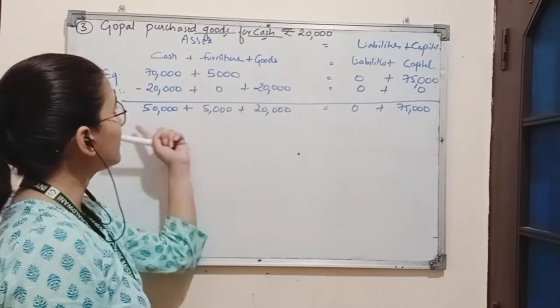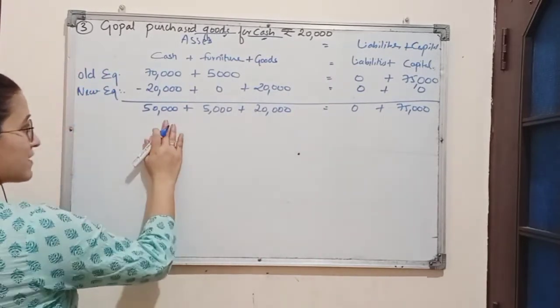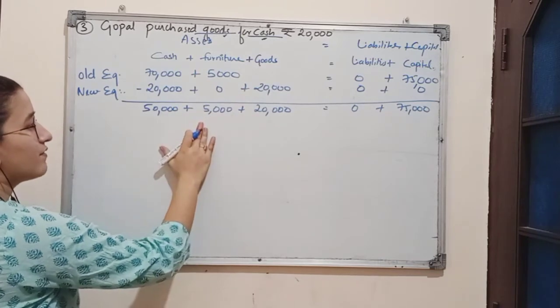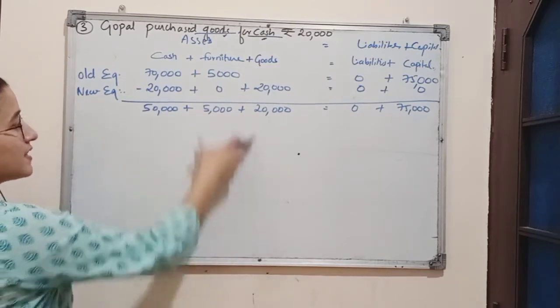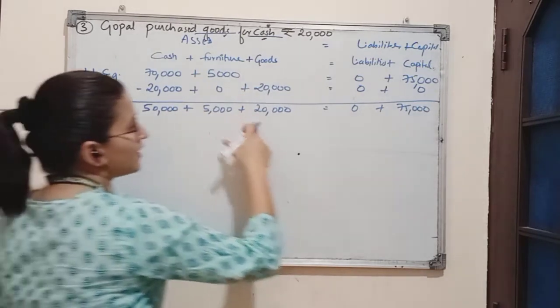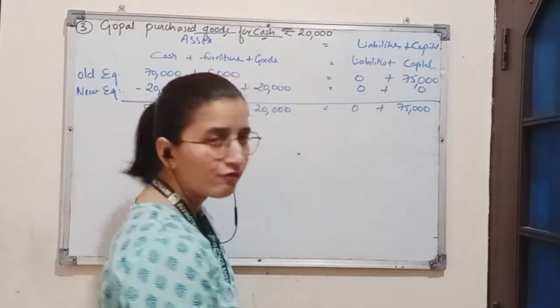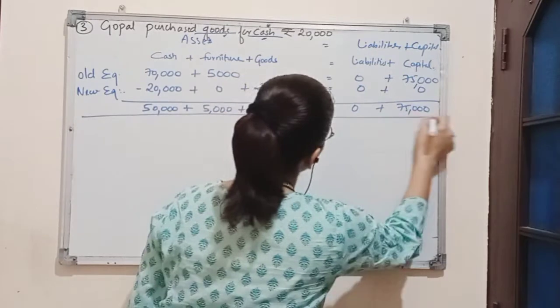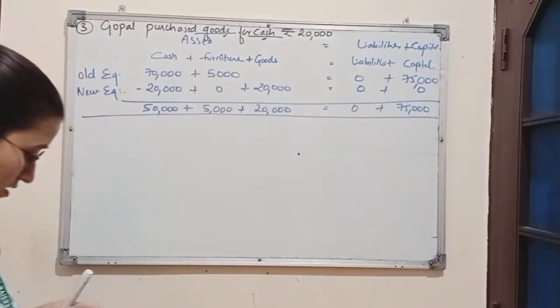Now if we total this asset side, so total of asset side is 50 plus 20 is 70 plus 5,000 is 75,000. 75,000 of asset side is equal to 75,000 of liability side. So here we can say the equation is balanced here.